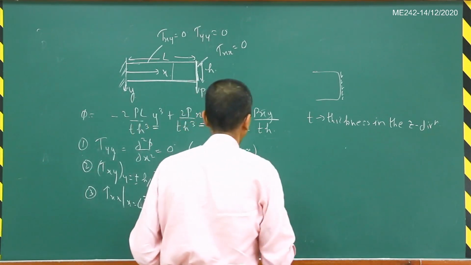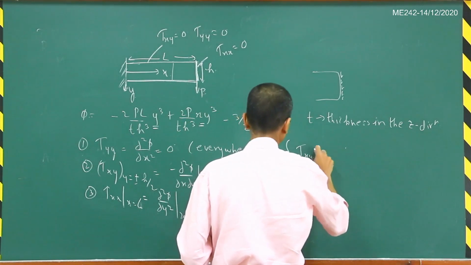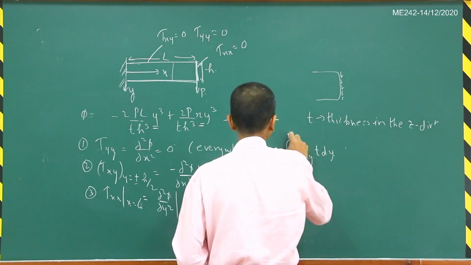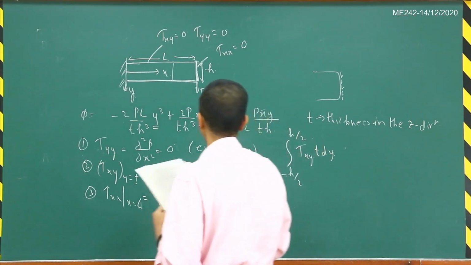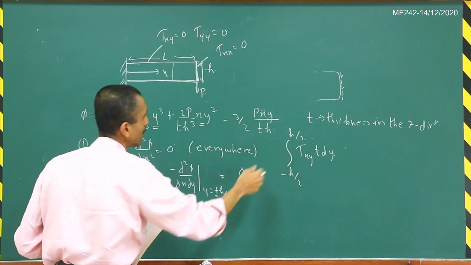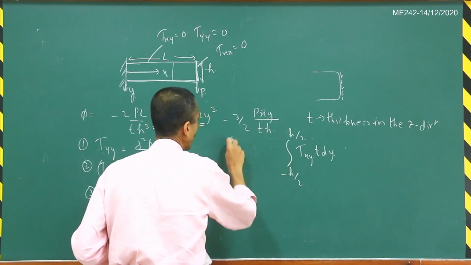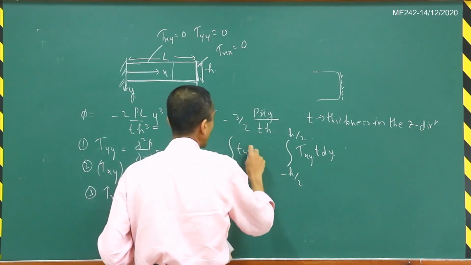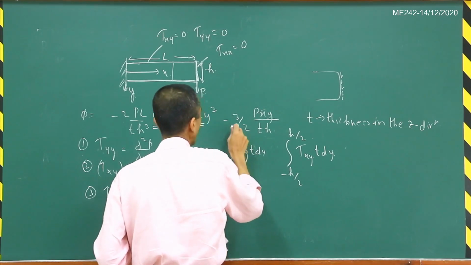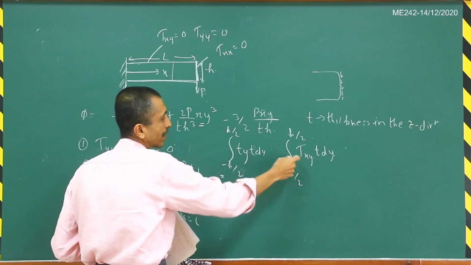So if I write now the integral of tau xy times t times dy from minus h by 2 to h by 2, right? So that is a traction in the y direction. So this is basically the integral of ty times t times dy from minus h by 2 to h by 2, and ty, that is the traction along the y direction, is nothing but tau xy.